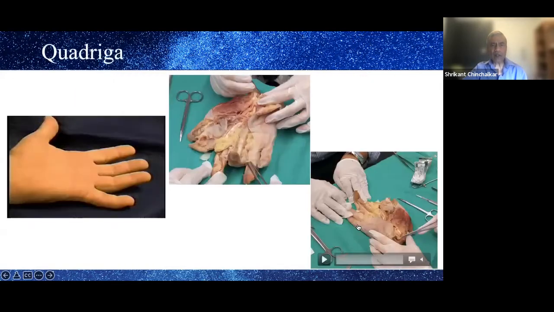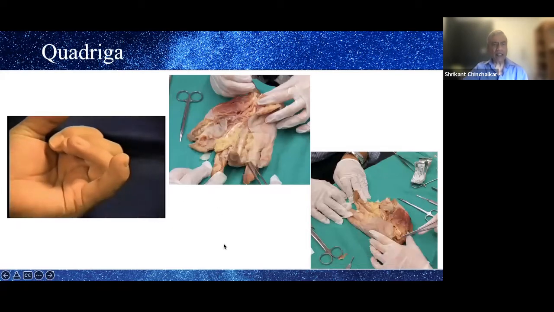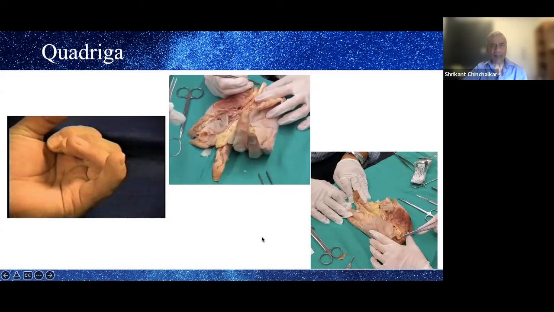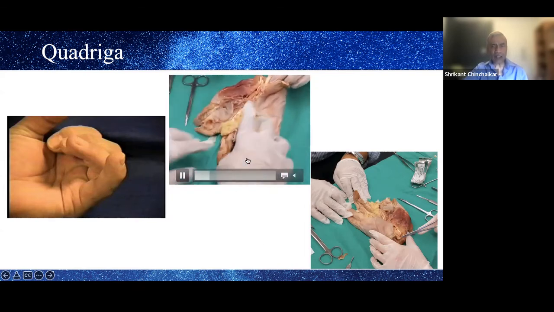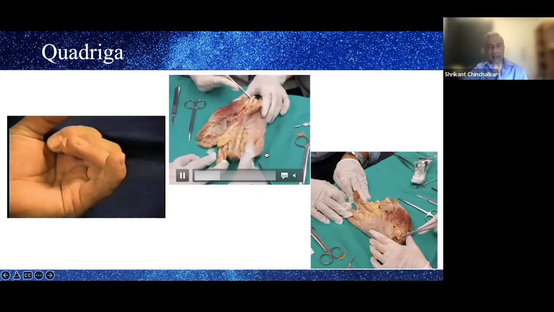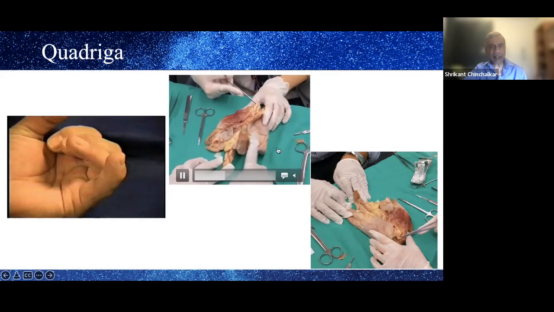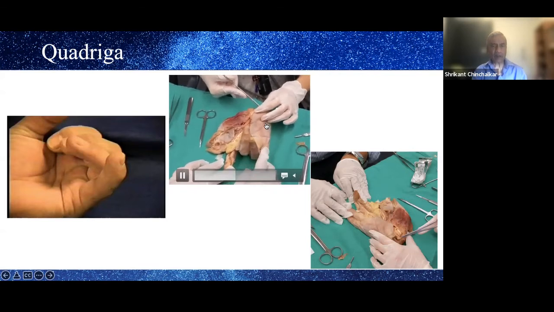So quadriga is one of the common problems, and we see it when a person has a reduced gliding amplitude of the tendons. It has an effect on gliding of the flexor tendons on the adjacent side. Here is one of our cadaver dissections I conducted in the lab. We found that the flexor digitorum profundus tendons of the ulnar three fingers are connected; they have some interconnection between these profundi.